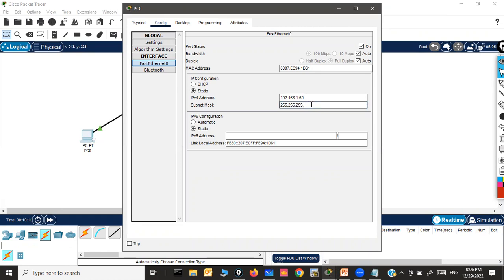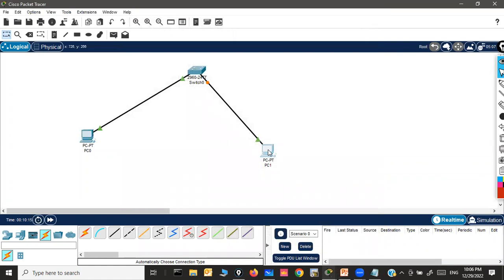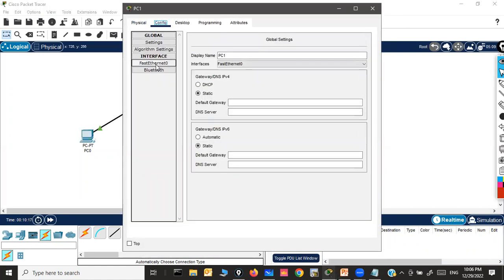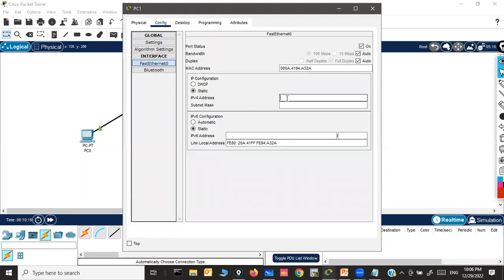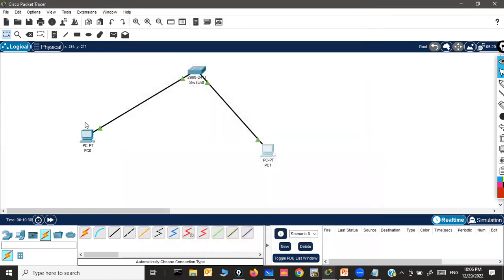So I'm going to use 192 here, and on the other computer 130. IP 192.168.1.130, and the mask is again not 0, it is 192. Okay, now I have assigned IPs to both computers.